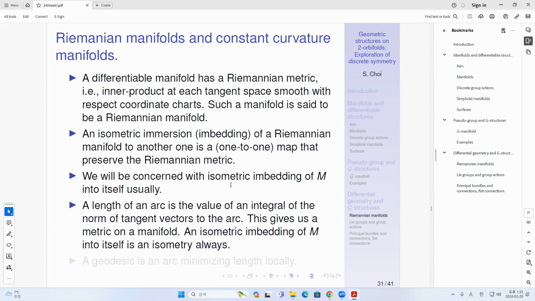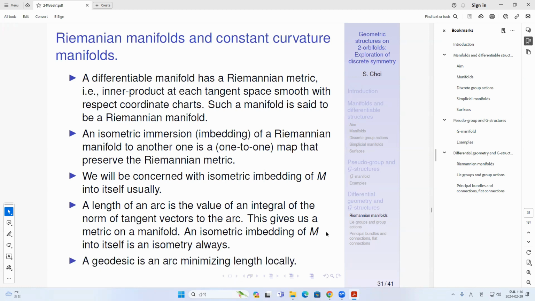The length of an arc is the value of an integral of some norm of the tangent vector to the arc. So this gives us a metric on the manifold. Of course the Riemannian metric is a norm on each tangent space, but the metric here means a real distance metric. An isometric embedding into itself is always an isometry also.